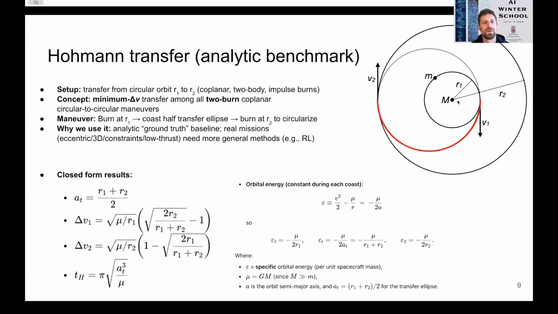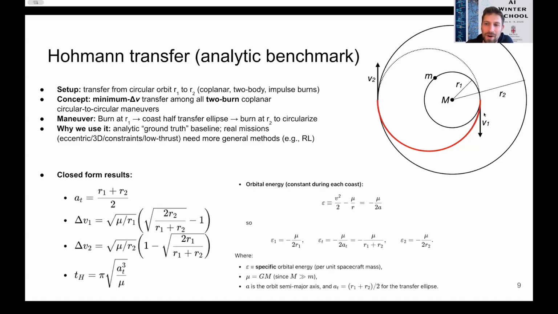Hohmann transfers are a famous solution to this, which can be solved completely analytically and only require two burns to get from R1 to R2. The transfer ellipse for a Hohmann transfer is shown in the solid red here. Initially your spacecraft is orbiting clockwise at R1.